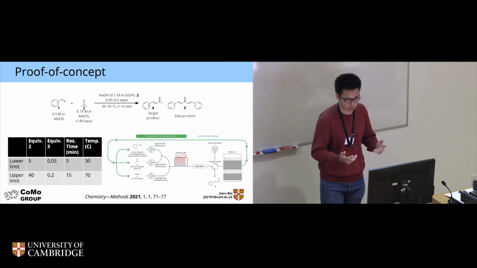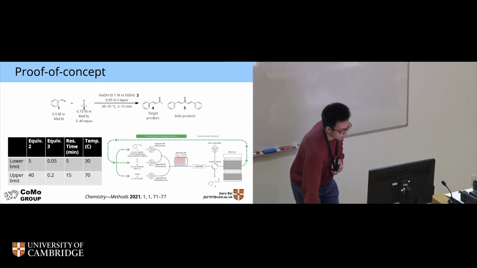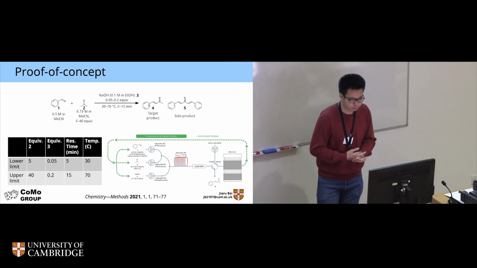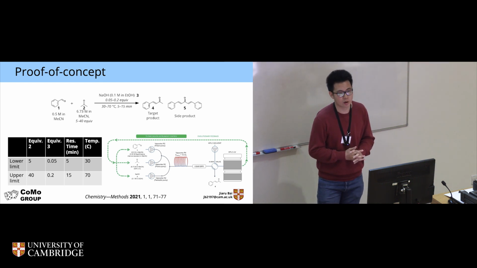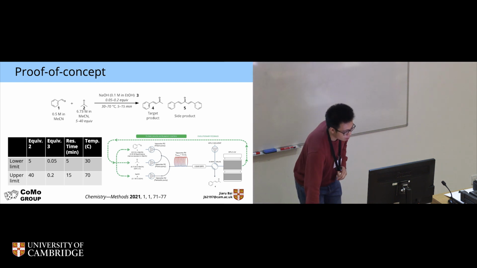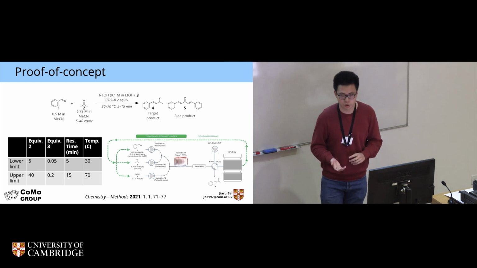The chemistry we selected is easy enough: the aldol condensation reaction between benzaldehyde and acetone. Here we have 4 parameters that we're optimizing: the molar equivalence ratio of the acetone, the catalyst, the residence time, and the reaction temperature.